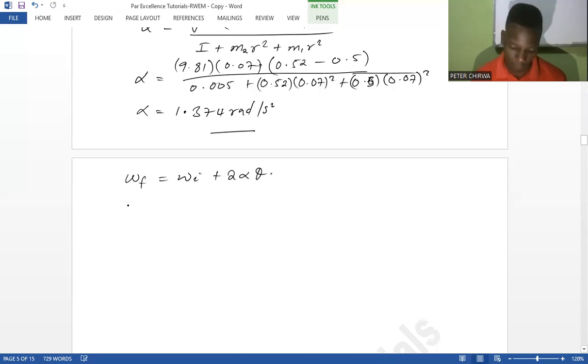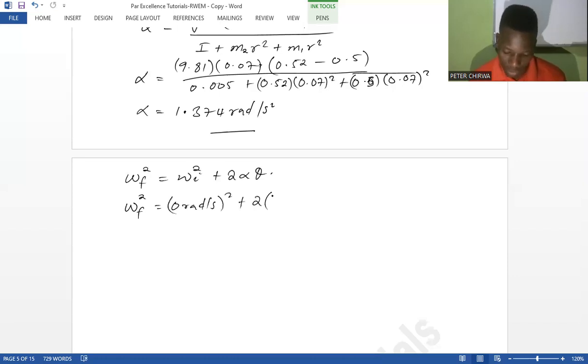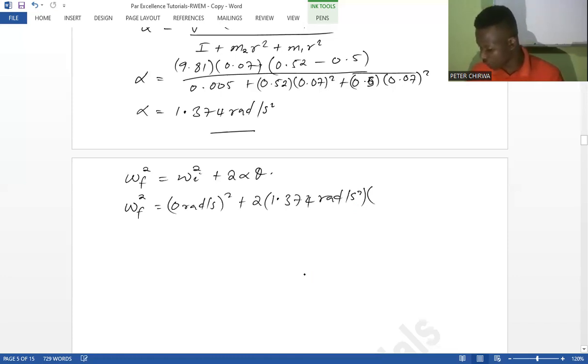Okay, so final angular speed squared is going to be initial, and this system started from rest, so we have 0 rad per second plus 2 times the angular acceleration we've just found, and the angular displacement we did find, and it was 28.57 rads.